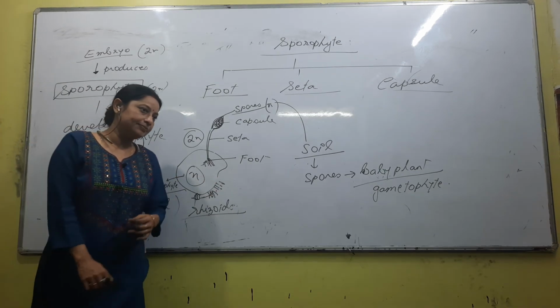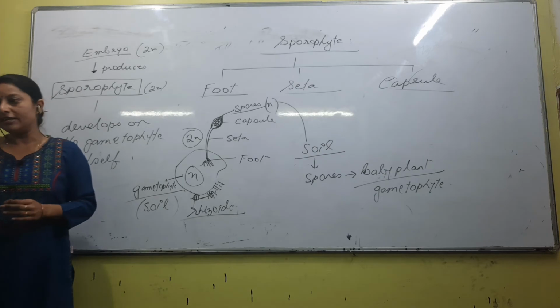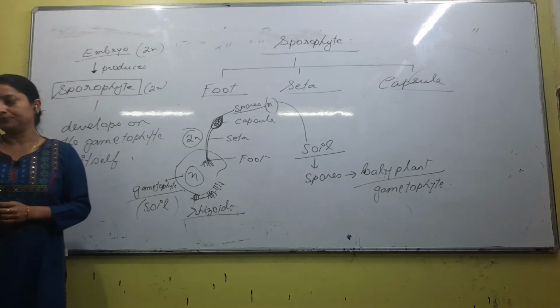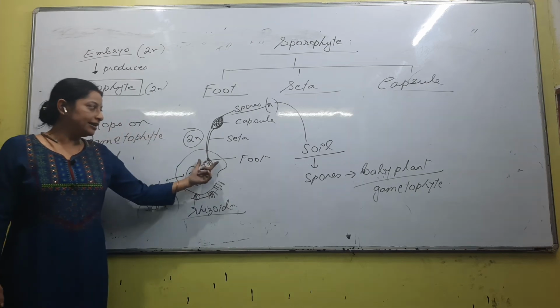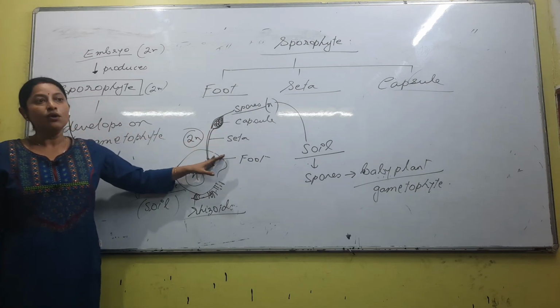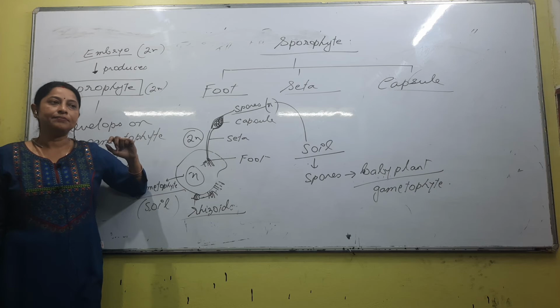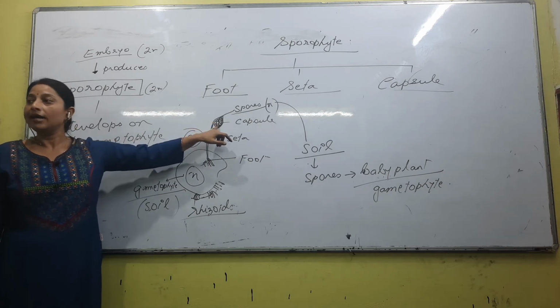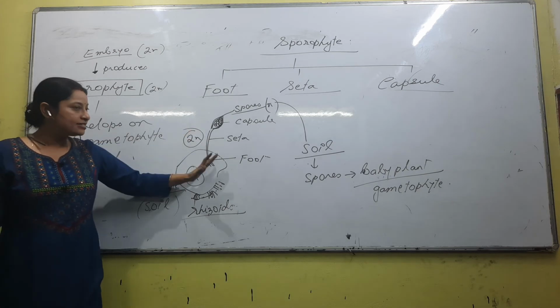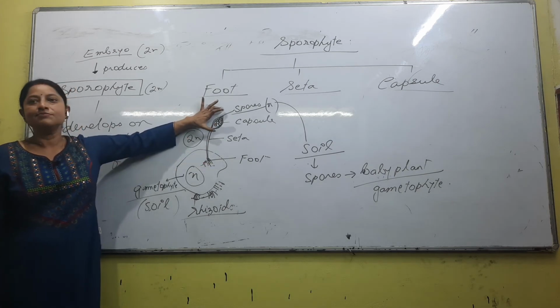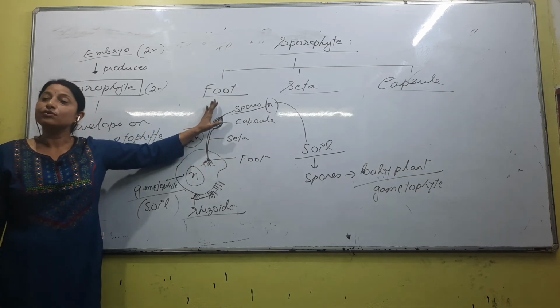Are there any doubts? First make everything clear, then we'll write the notes. So, out of this structure, if you are talking about this tree structure, which one is the most important part? Capsule. Why? Because spores form the baby plant. Now, if in this plant this structure is most important, it has to grow also.